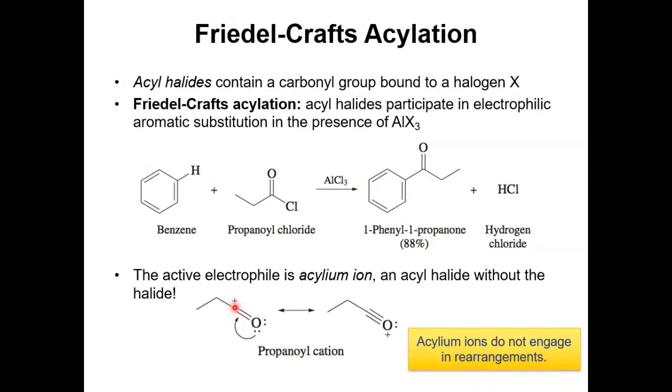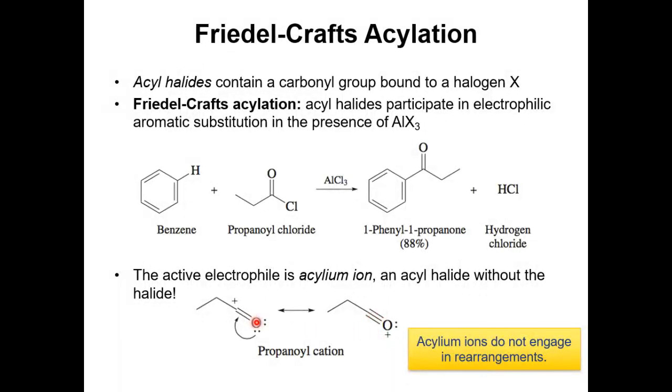If you have a positive charged carbon here, this carbon has 6 valence electrons. And you can write another resonance form by moving a lone pair on the oxygen to become a bonding pair between carbon and oxygen, giving you a carbon-oxygen triple bond. In this right side resonance form, every atom has an octet.